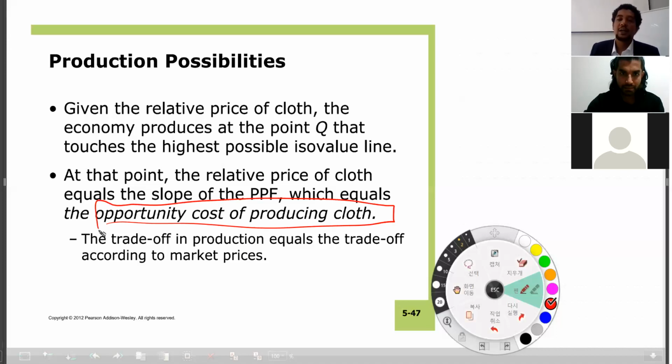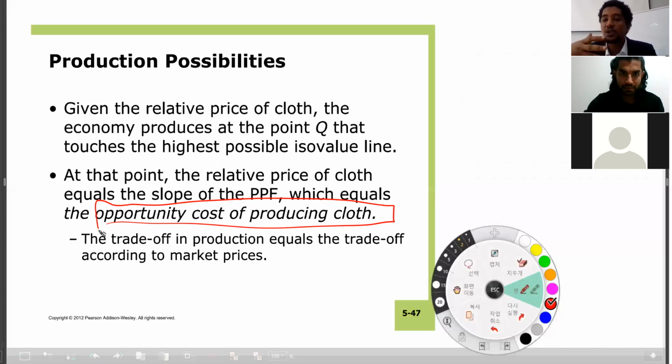Then I want to remind you about the opportunity cost. Okay, a country produces a product when its opportunity cost is less or equal, usually less, than the opportunity cost of production abroad. Why equal?